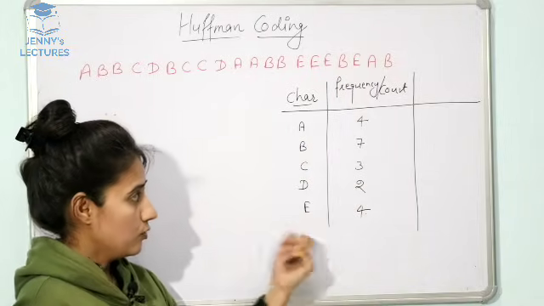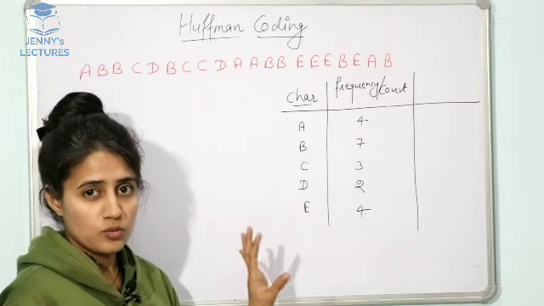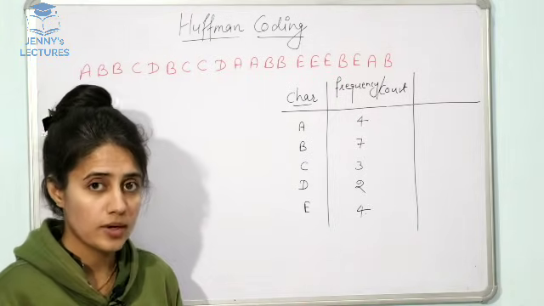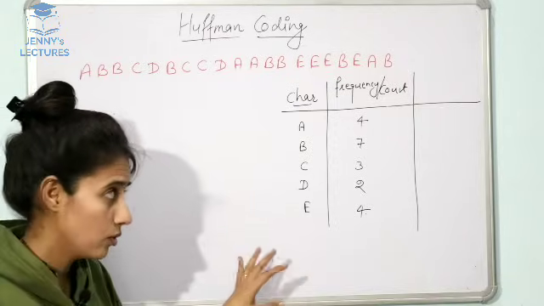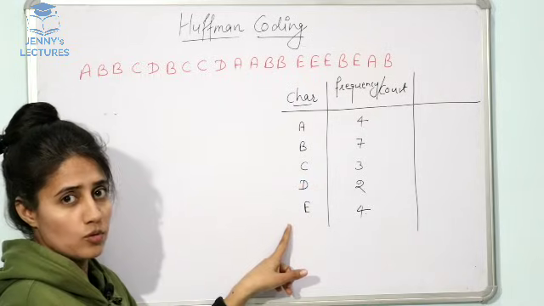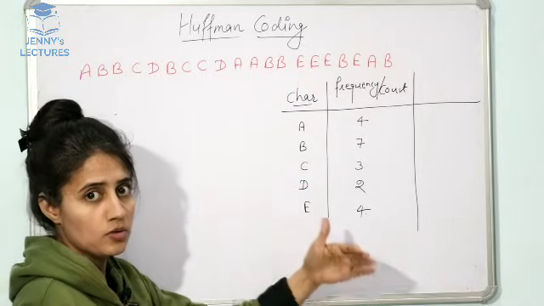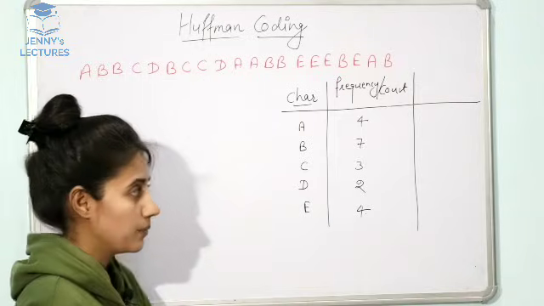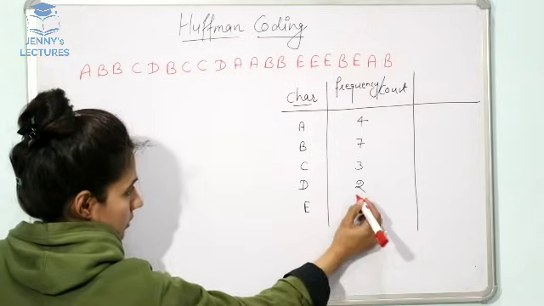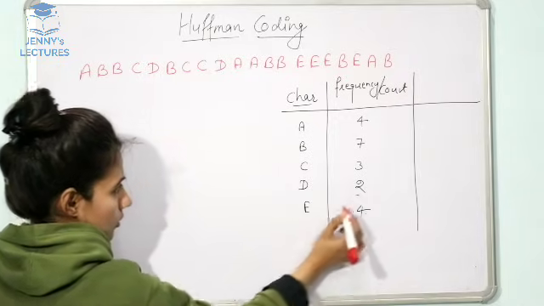Now the first step is you are supposed to design a Huffman tree, and that tree is designed using the Huffman algorithm. First of all, arrange all the characters in increasing order of their count. So, very first the least frequency or count is 2.